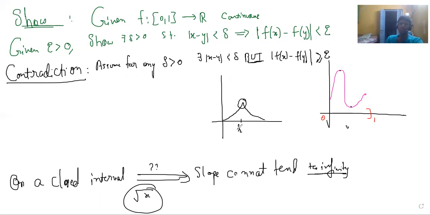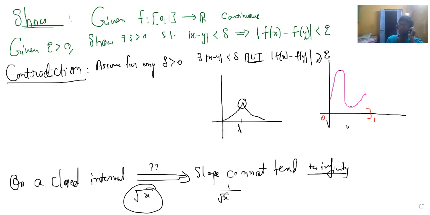But you can just simply take square root of x also. You see, right? The derivative 1 over something at 0 doesn't exist. It's infinite, right? Yes, correct, that's what I'm saying.